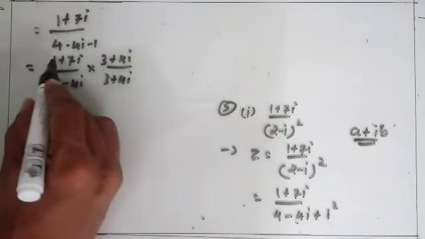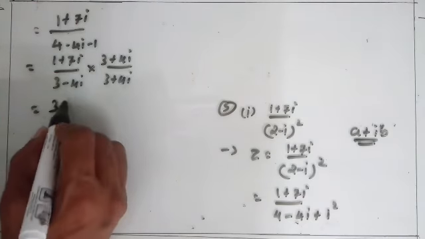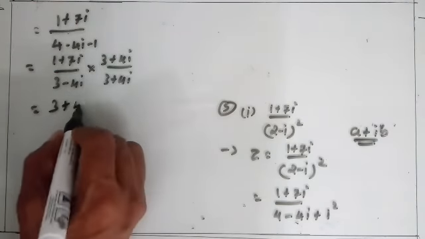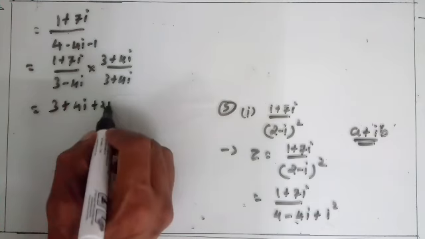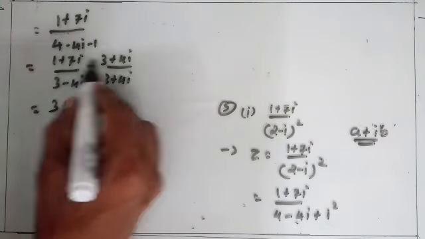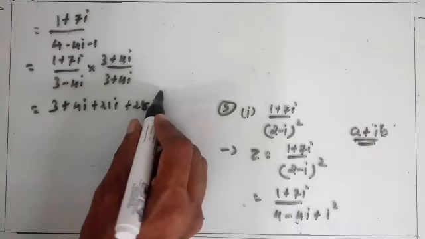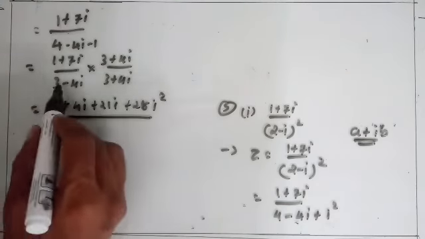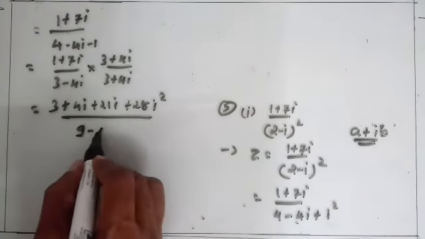Now simplify: 1 into 3 becomes 3, plus 1 into 4i becomes 4i, 7i into 3 becomes 21i, 7i into 4i becomes 28i square. Upon the product of these two: 3 square is 9 minus 4 square, 16i square.